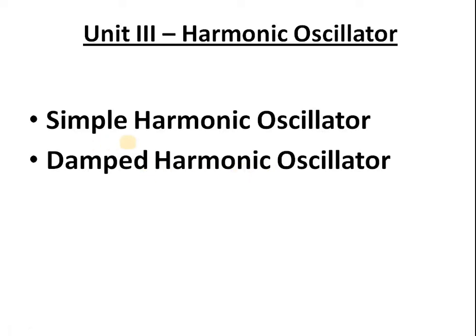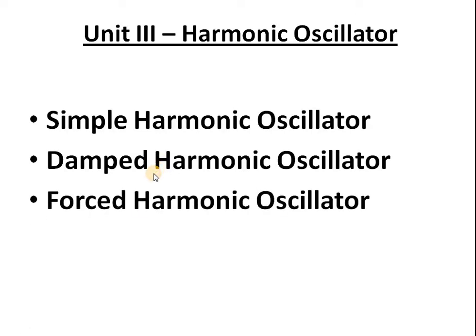Damping is taking place. We will see in detail what is the meaning of damping and how mathematically such an oscillation can be described. And the third and final part of this unit is about forced harmonic oscillator. That means some external vibrating force is given and a body or a system is made to oscillate. This is very interesting and has wide application in different technology.